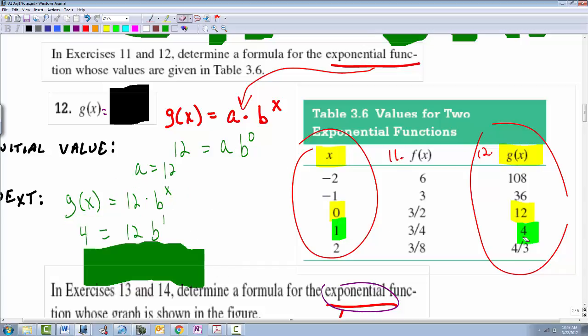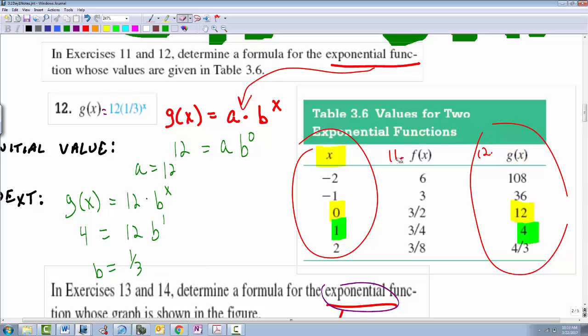But the easiest one is 1, comma 4. Because when I plug in 1 for x, that's just b to the first, which is b. And then 4 for y, all I have to do is divide. And then this formula actually matches this chart. Okay, just remember that. I was worried about that most because that's what we're going to end with today.